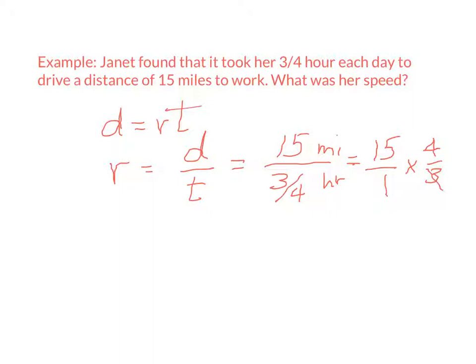And I know that 3 goes into 15 5 times, so our rate is equal to 5 times 4, or 20. And what are our units? Miles per hour. So here's a word problem where we've used the formula to solve it.